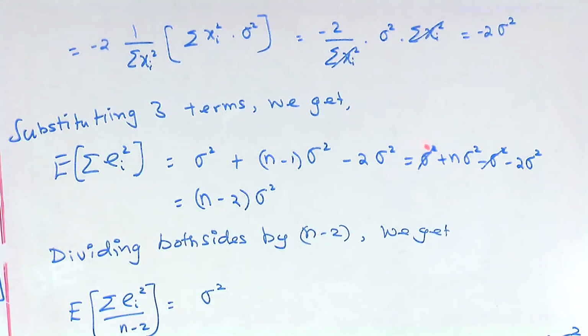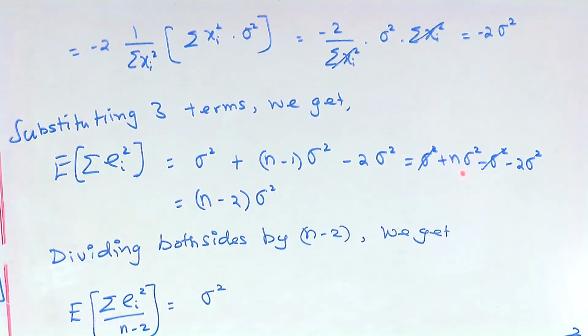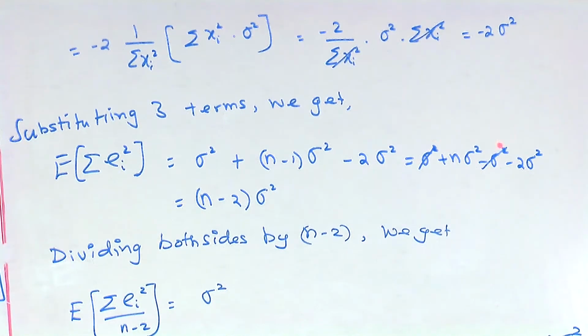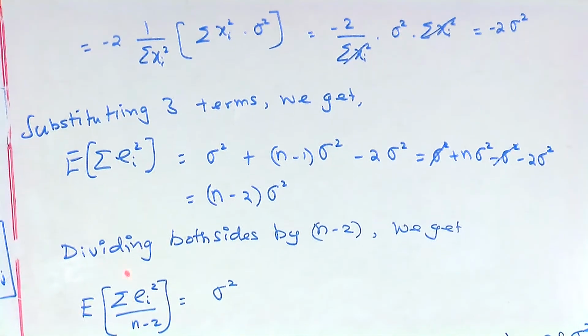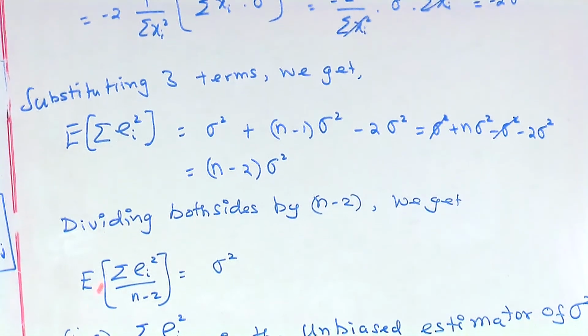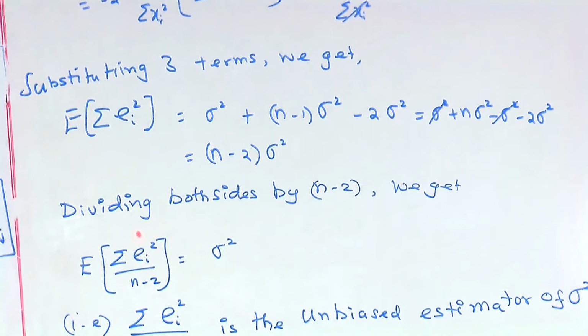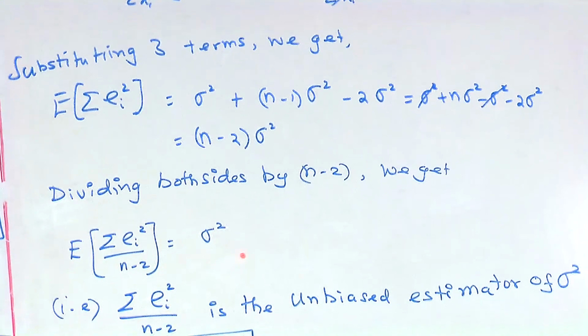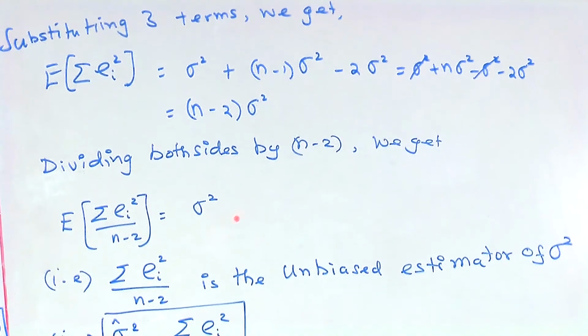The plus sigma square and minus sigma square get cancelled. The remaining is n sigma square minus 2 sigma square. We may take the sigma square outside and get n minus 2 sigma square. Now dividing both sides by n minus 2, we get the expectation of sigma ei square by n minus 2 equal to sigma square.